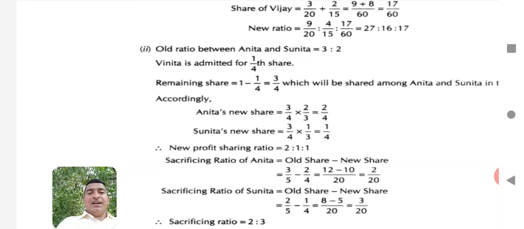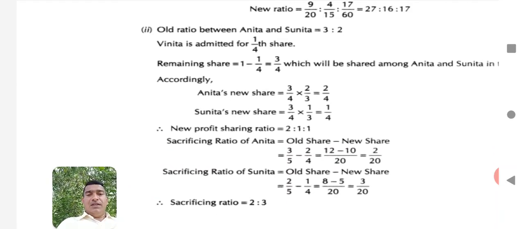In that remaining share, we have to calculate Anita's share. Here Anita's new share will be 3/4, that is the remaining share, into 3/5, that's the old ratio. Then Sunita's new share will be 3/4, the remaining share, into her share, that is 2/5. So the new profit sharing ratio will be calculated as 2:1. Here the sacrificing ratio of Anita is old share minus new share.